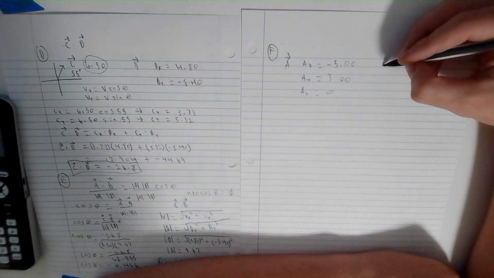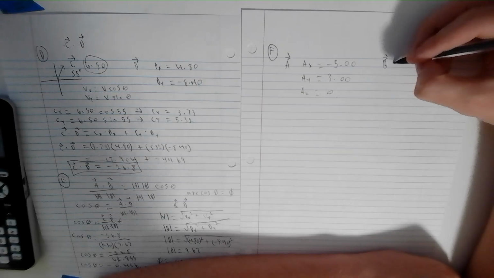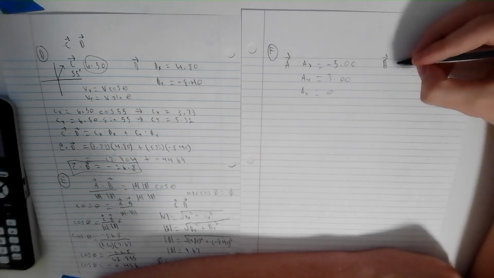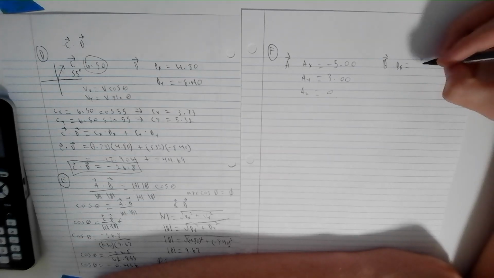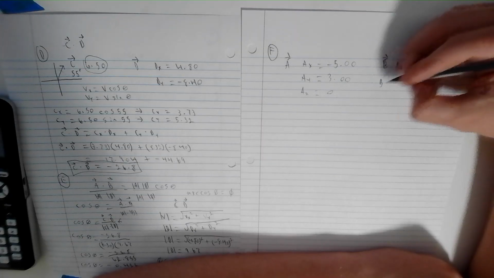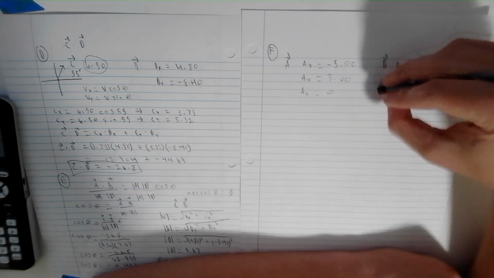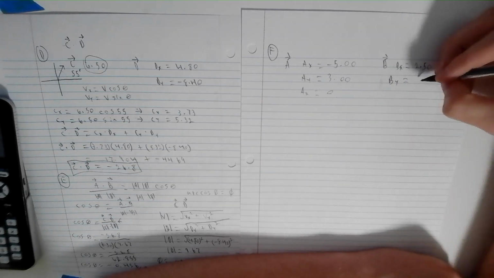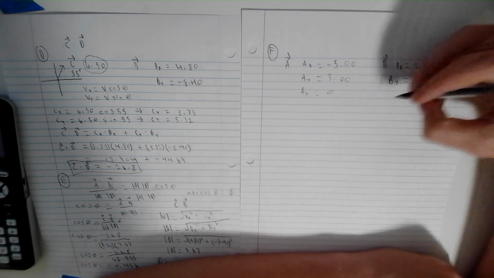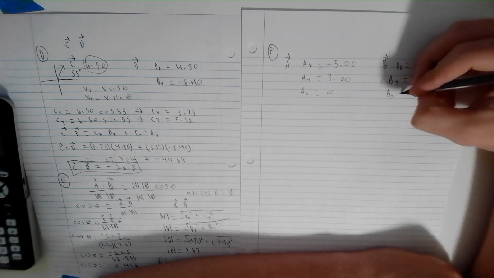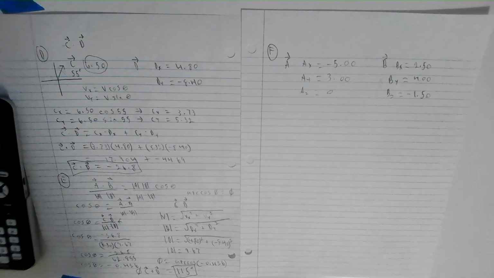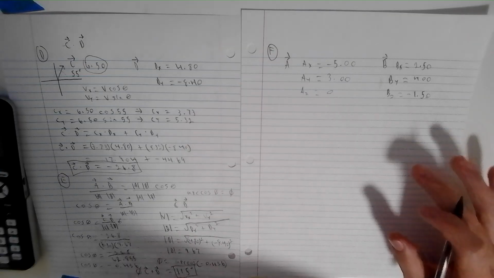And then vector B, we got B of x equals 2.50, we got B of y equals 4, and B of z equals negative 1.50. And we got to find the angle between the vectors.